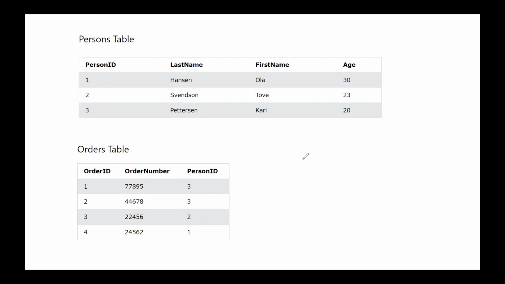Suppose I want to access only the last name of that person. So I will say select p dot last name, because last name exists in the person table, and I will give an alias for the person table as p. So p dot last name from. Okay, all I know is the person ID. So suppose I also want the order number. Okay, so I will take o dot order number.